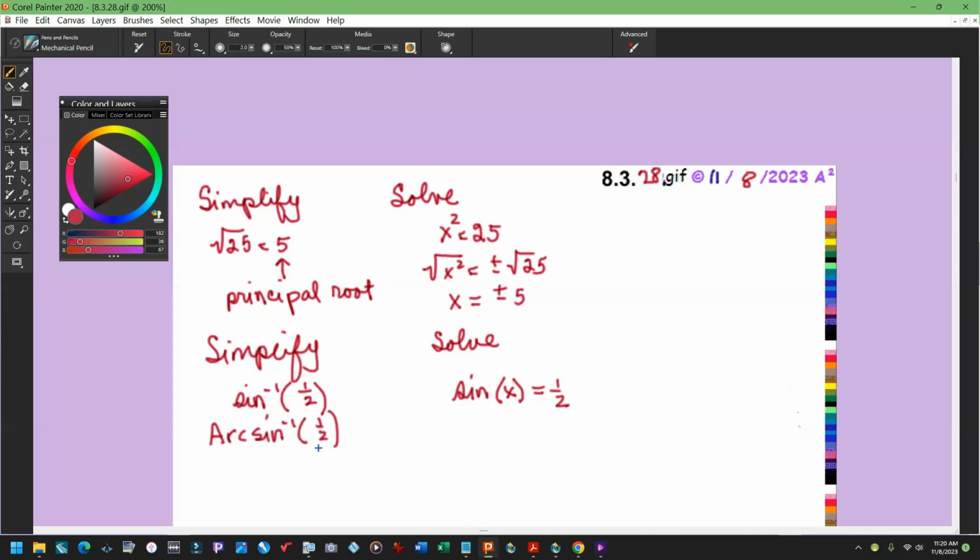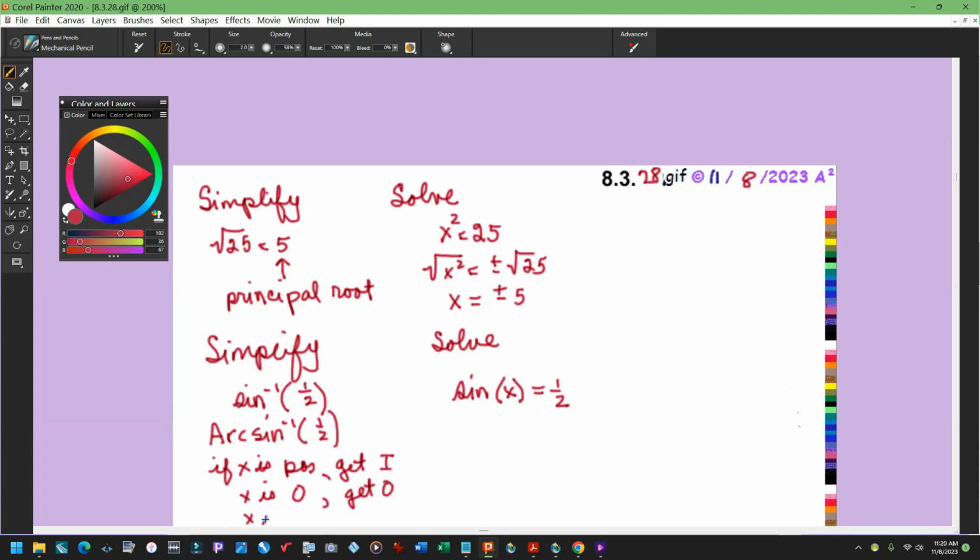And that's where if x is positive, you get a first quadrant angle. If x is 0, you get 0.